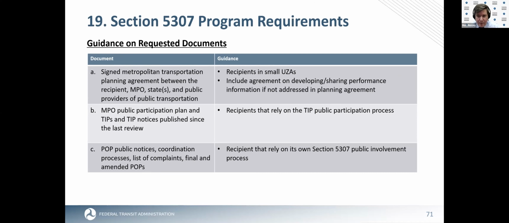These are if the recipient is relying on the MPO's TIP public participation process. If they're not, then we'd go to C, the program of projects, public notices, coordination processes, list of complaints, final and amended POPs. These are for recipients that are relying on their own Section 5307 public involvement processes.